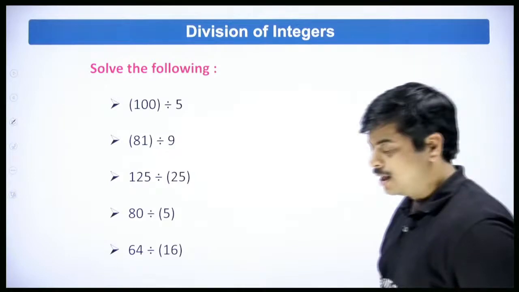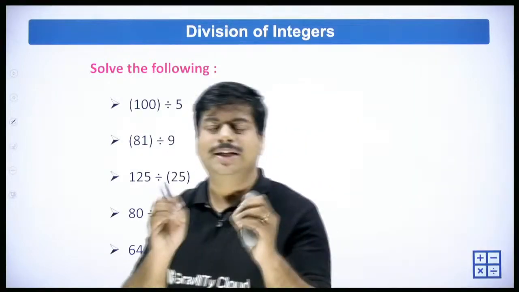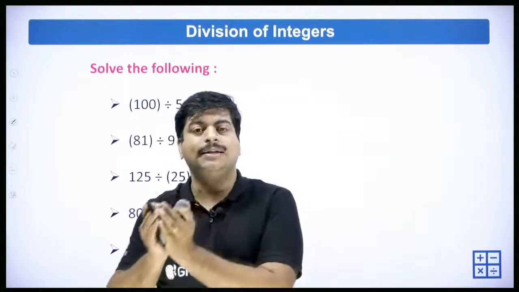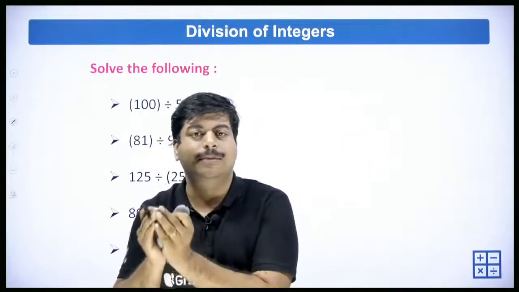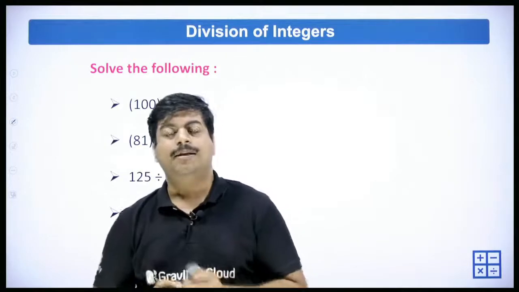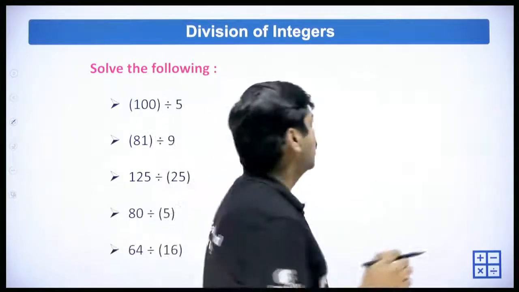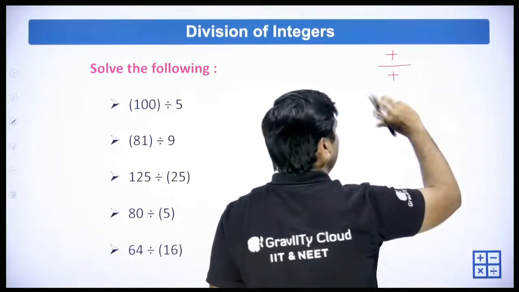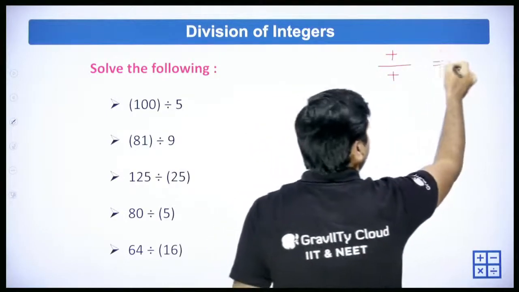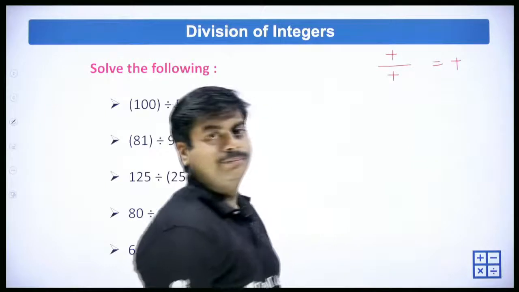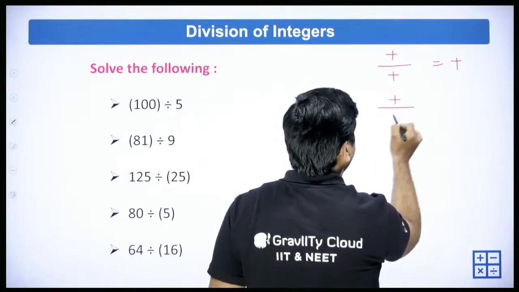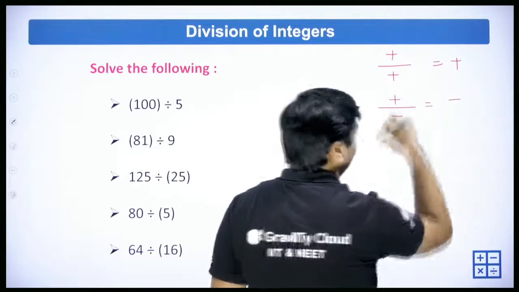The sign scheme, the positive and negative changes we have in multiplication, the same properties and the same kind of calculations will appear in division. When you divide two positive numbers, just like multiplication of two positives, you will again get a positive number. If you have one positive and one negative, you'll get a negative.